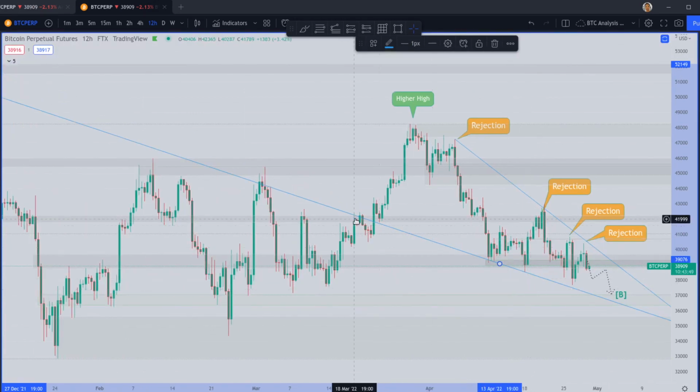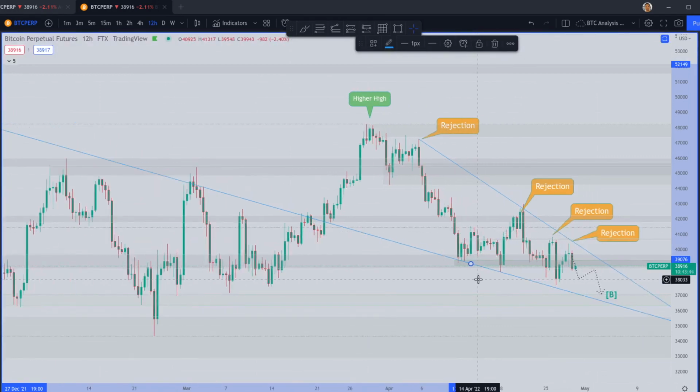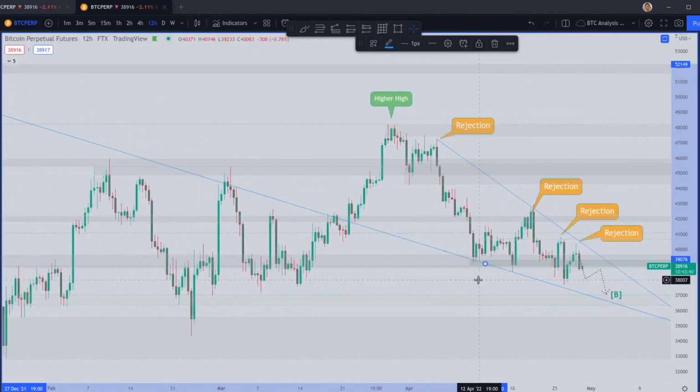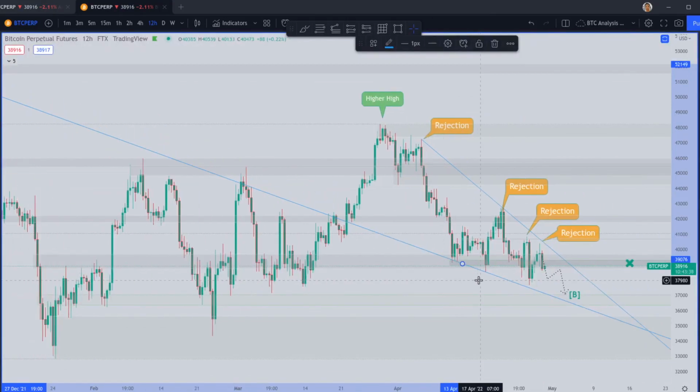Other than the falling wedge and rising wedge channel, I don't use any other TA at all. I use only two things that I found work for me.